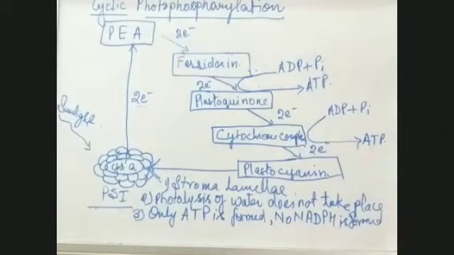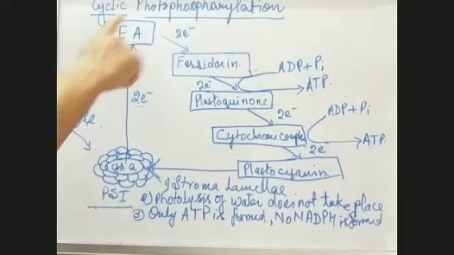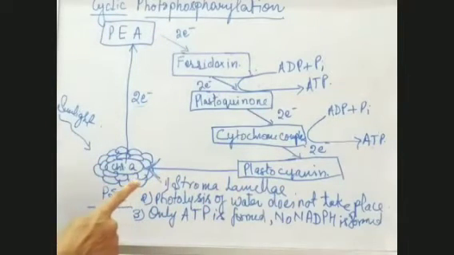Now, the next important point which is happening here is that there is no electron supply from any outer source. The same electron moves in a cyclic manner and reaches the reaction center.